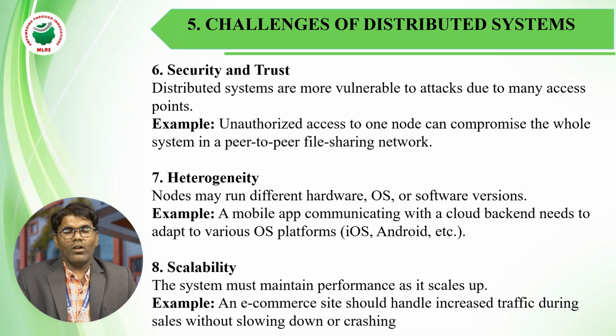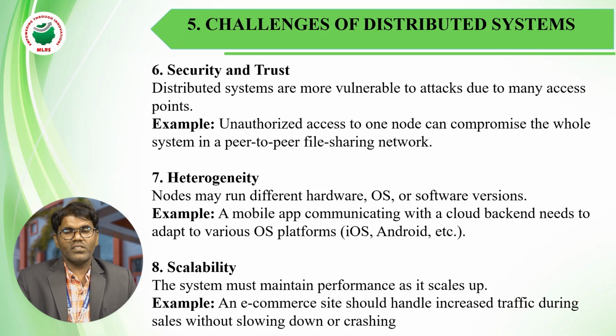Heterogeneity. Nodes may run different hardware, software or operating system versions. Example, mobile apps communicating with cloud backends need to adapt to various OS platforms like iOS, Android, etc. Scalability, next one.